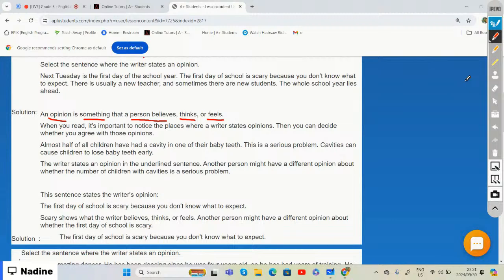And since opinion is your viewpoint on something, whereas a fact is the truth and can be backed up with evidence, we will be able to know when the author states an opinion, or when an author states facts about something.